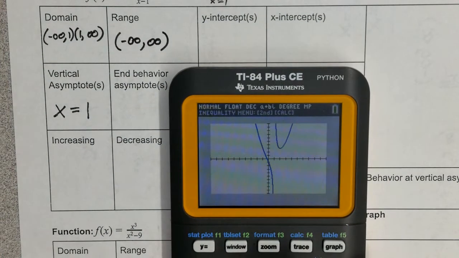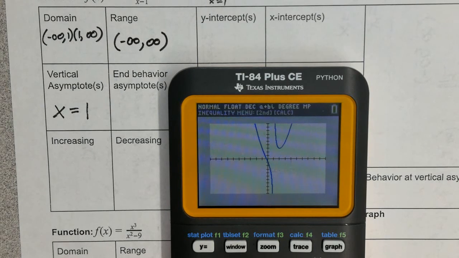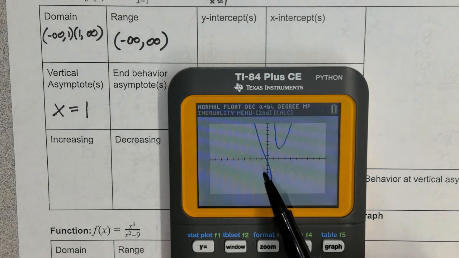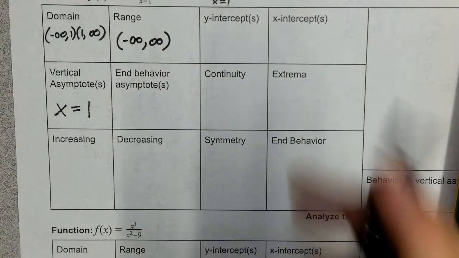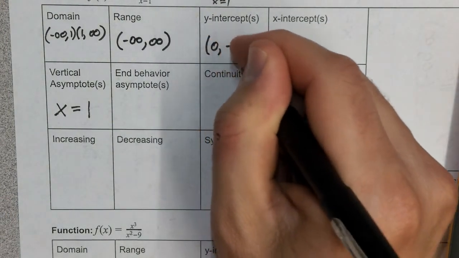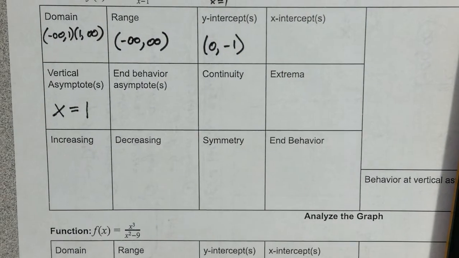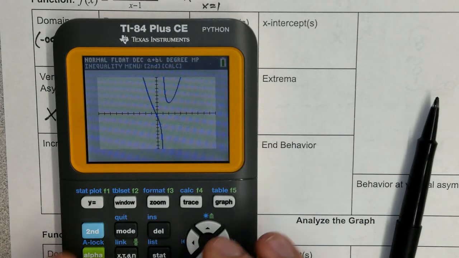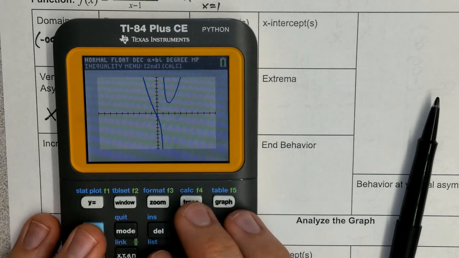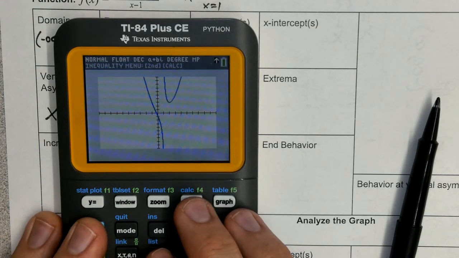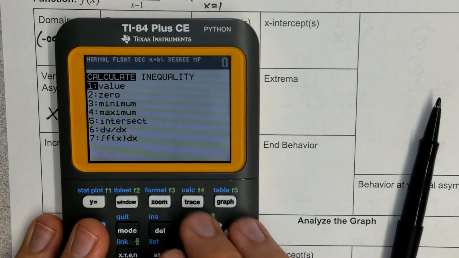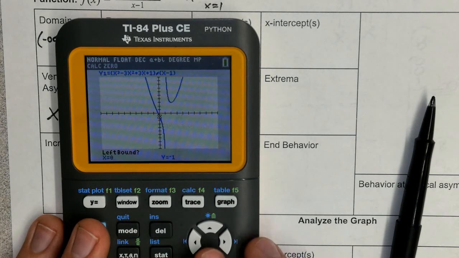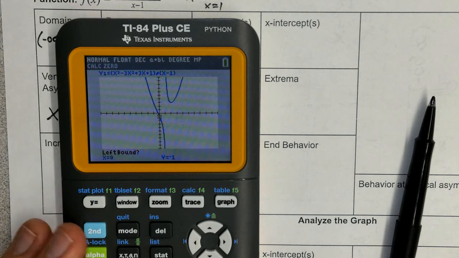The y-intercept is going to occur where x equals 0, but we can just see that from the graph pretty easily. The y-intercept is at 0, negative 1. Okay. The x-intercept, that's a little bit tougher to find, but we can do that using the zero finder on the calculator. So we will do second, calc, zero. I'm going to pick a point to the left, so maybe like negative 1.